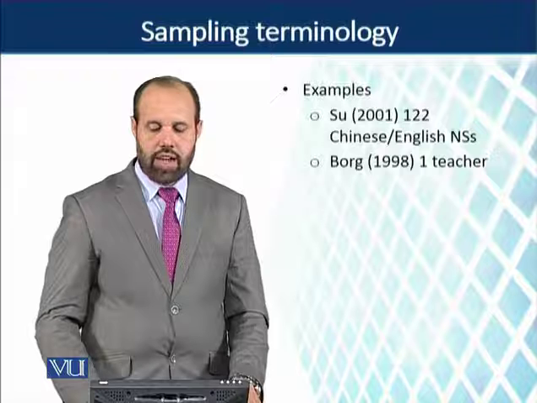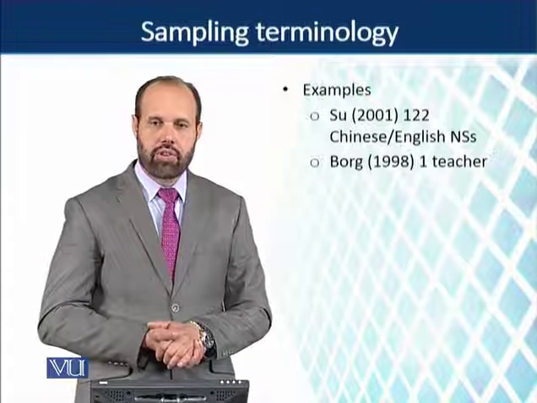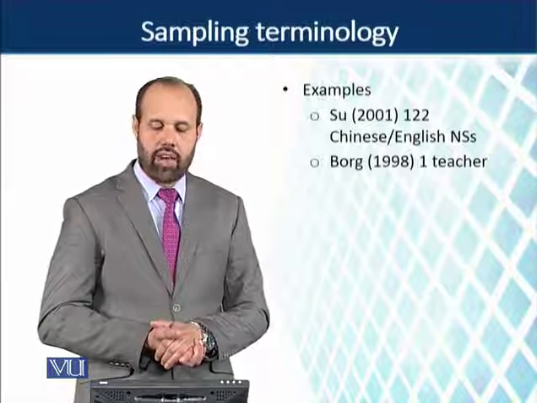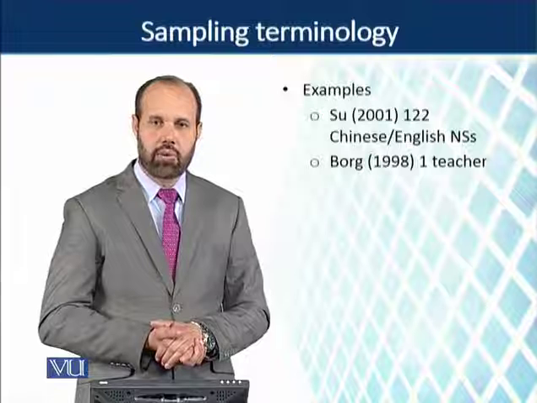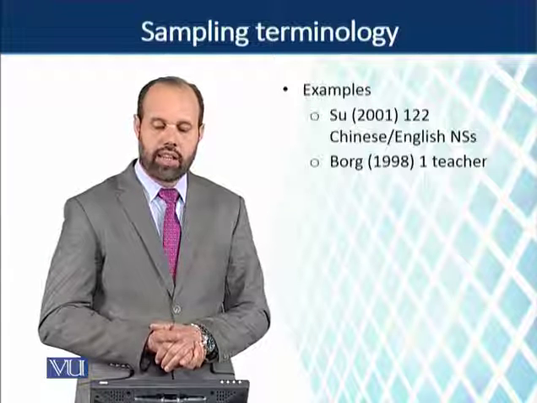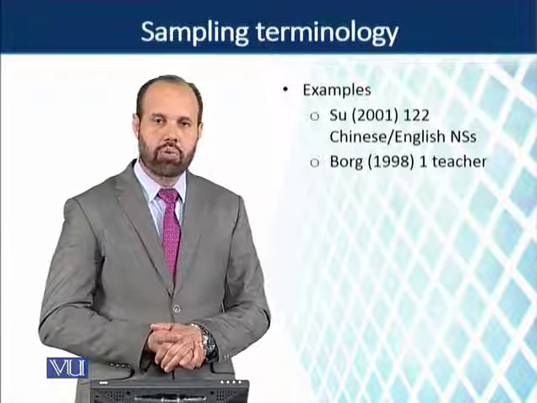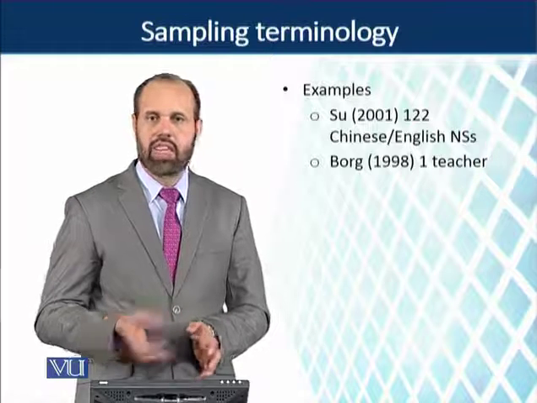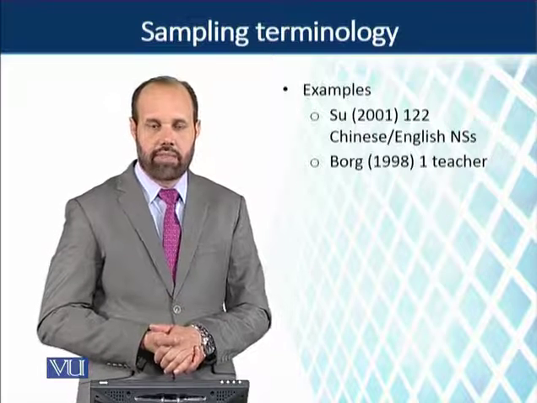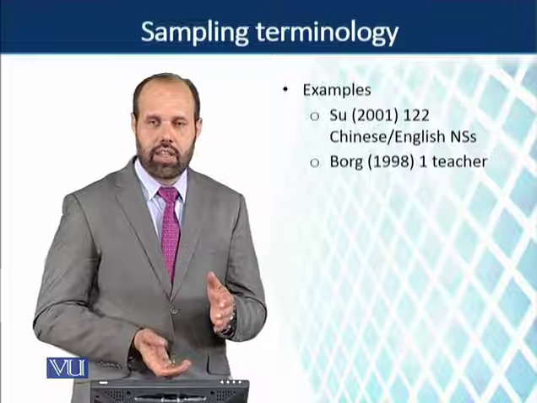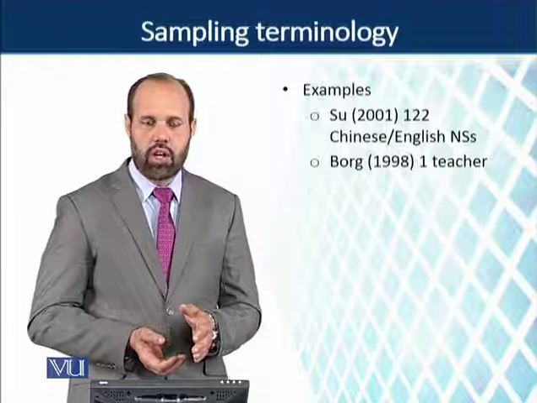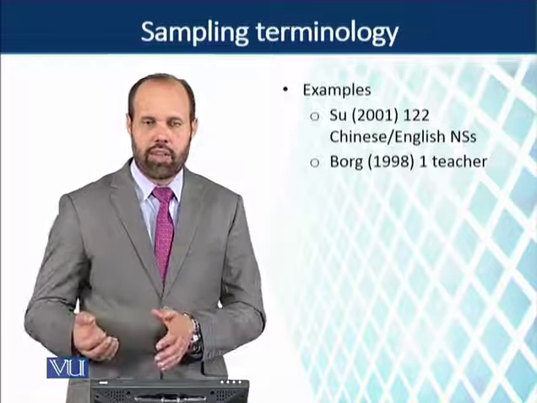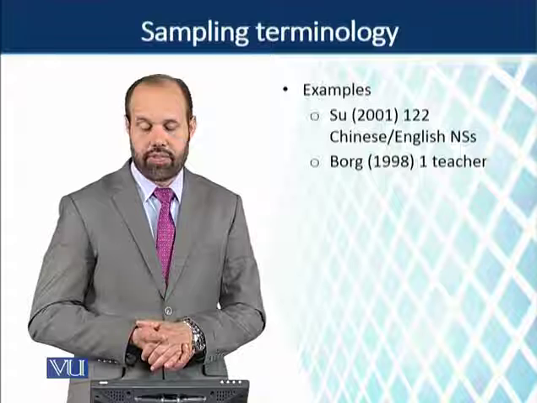Then there are two examples which I would like to give here. One study was done by Su in 2001 that included 122 Chinese and English speakers of English, right? So in that case, the 122 people who took part were the sample of the study, right?